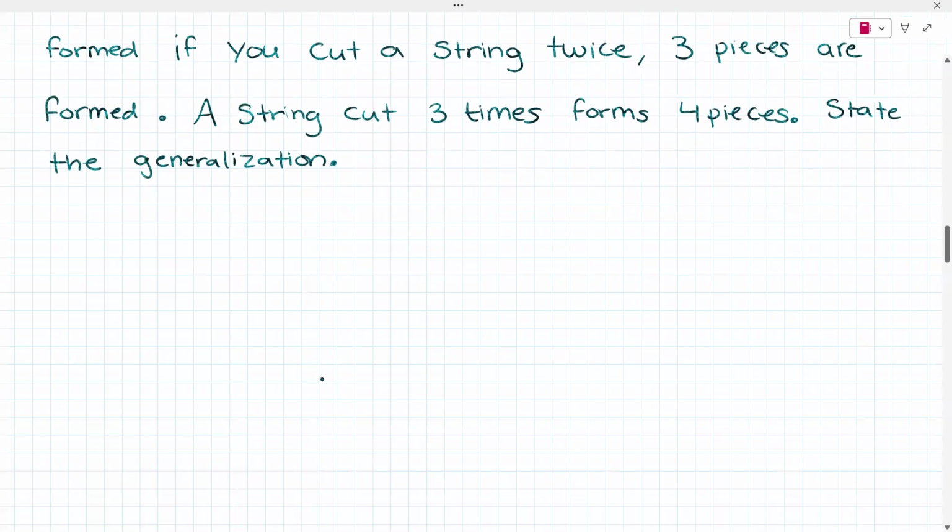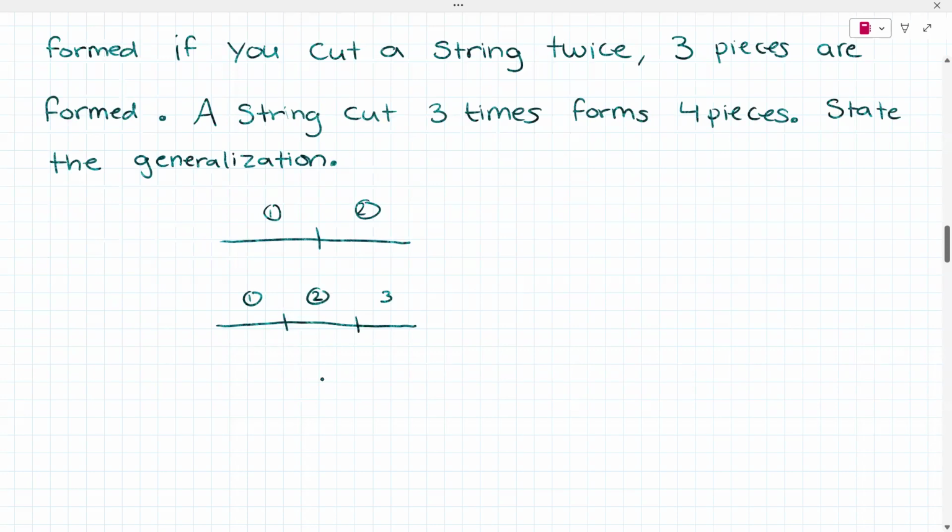Let's pretend you have a piece of string. If you cut it once, you get 2 pieces. If you cut the same piece of string twice, how many pieces do you have? 1, 2, 3.